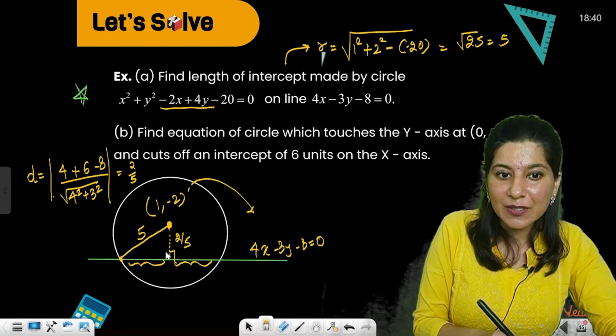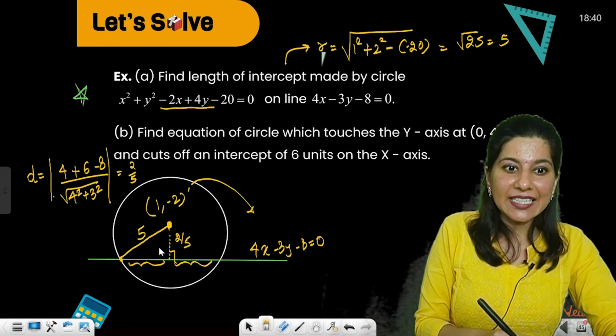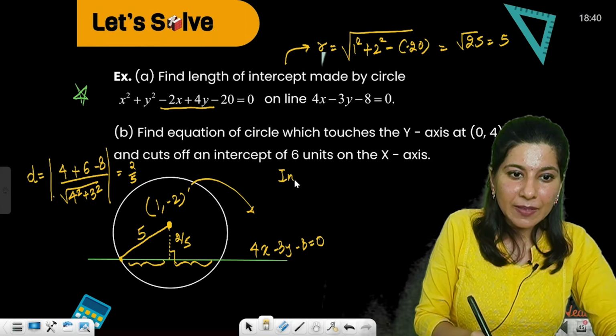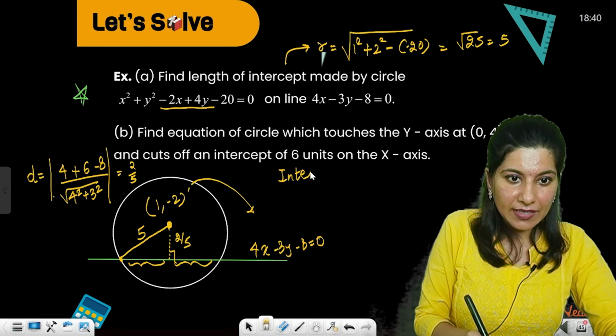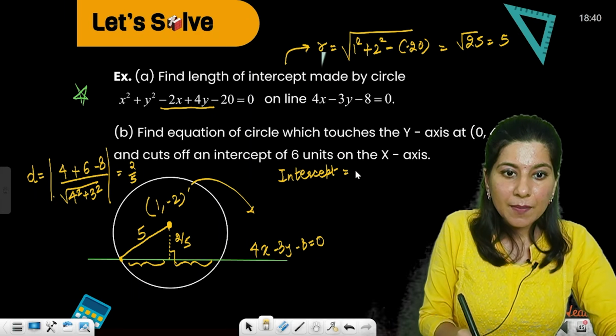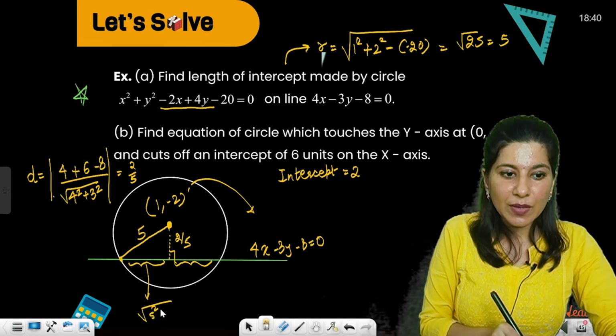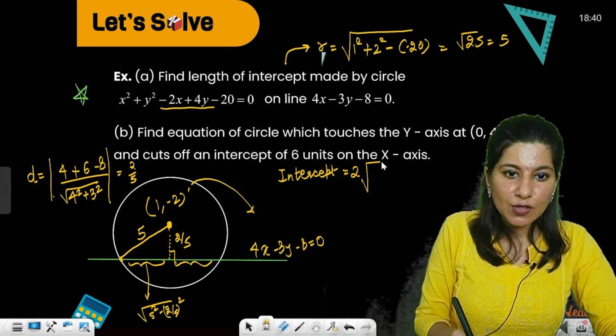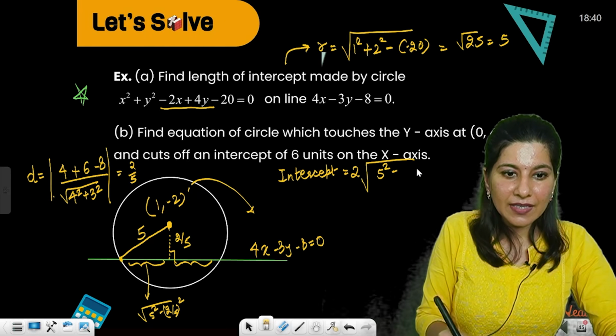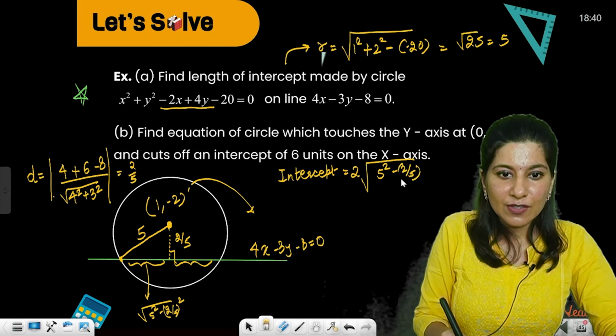Now you can apply Pythagoras theorem and calculate the intercept. So intercept will be, directly I am calculating, double of this quantity. This quantity is square root of 5 square minus 2 by 5 square, right? So 2 square root of 5 square minus 2 by 5 square.